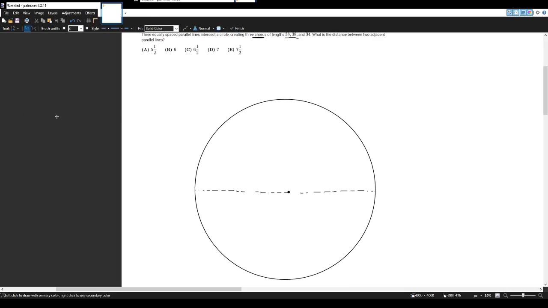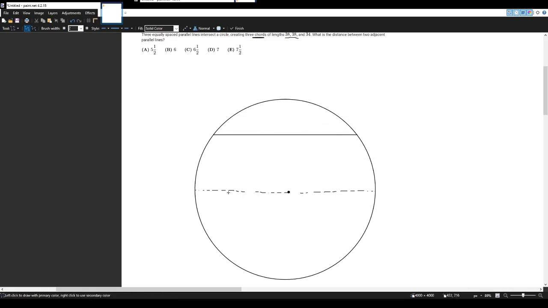Because if you draw just an arbitrary chord somewhere, we're gonna do it like this. It could be like that, but then we'd have to draw another one like that. Nobody wants to do that. So we're just gonna do this. If you draw one like this, to have another chord that's parallel to this and the same length, there's really not many options at all, right? Because that would be longer, that would be shorter.